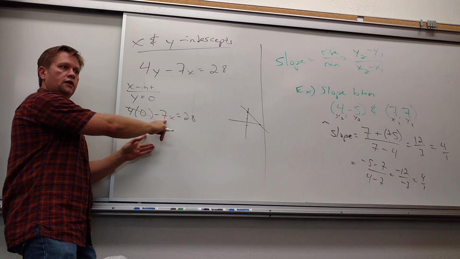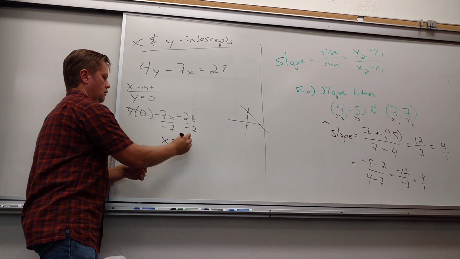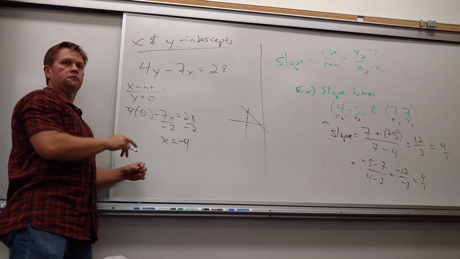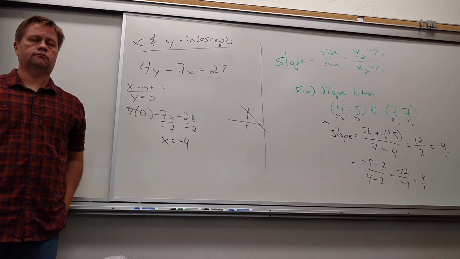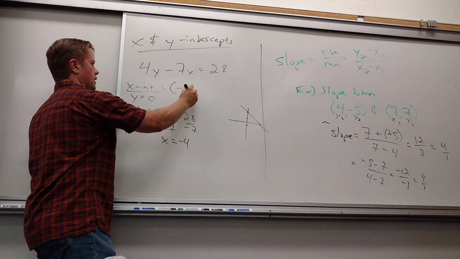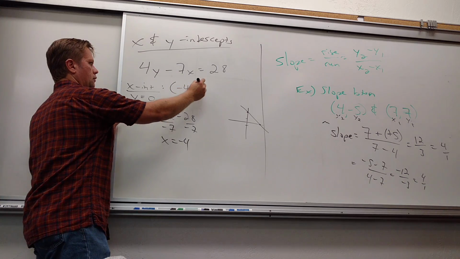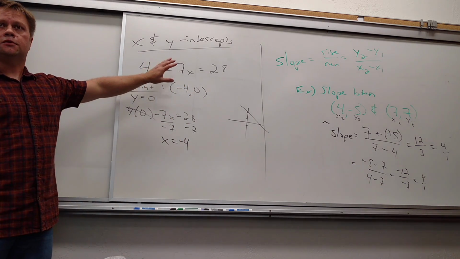Yeah, divide by negative 7. So what is the x-intercept then? Don't just say it's negative 4. It's a point. When x is negative 4, y is 0. That's the x-intercept.